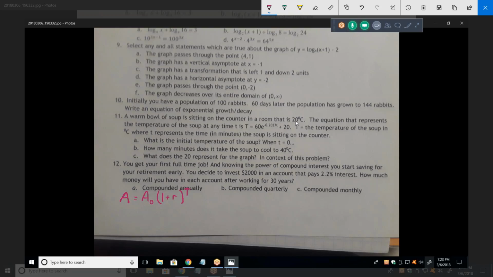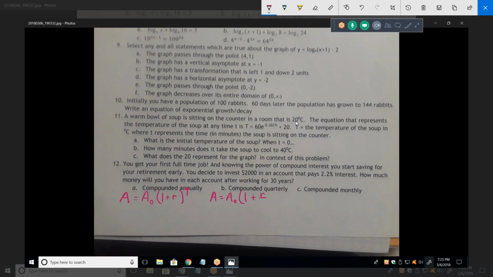What is it for compounded quarterly? A equals a sub 0 times 1 plus r over 4. Yeah, excuse me. You were ahead of me.